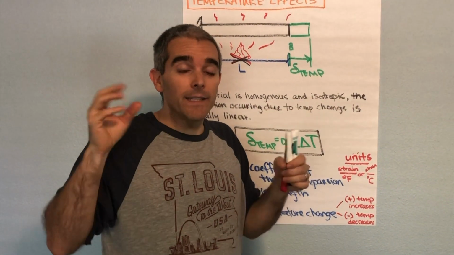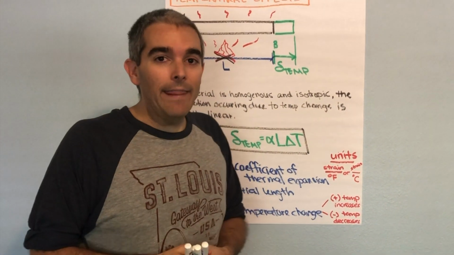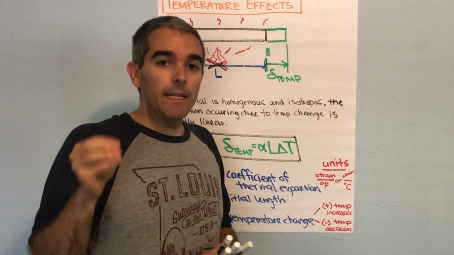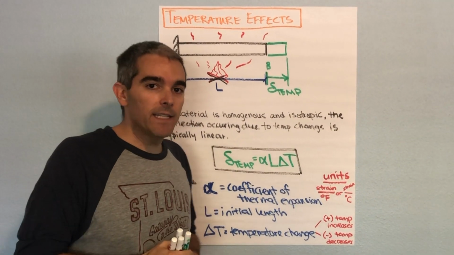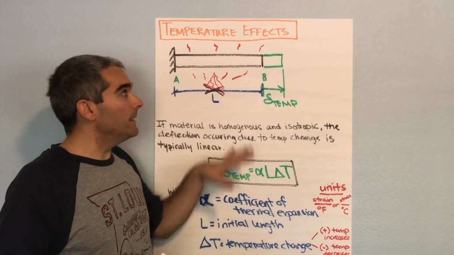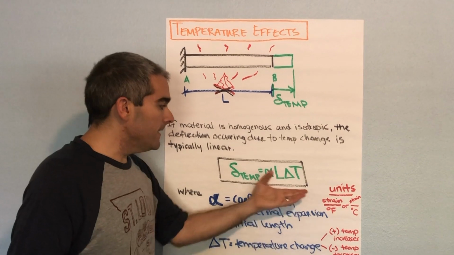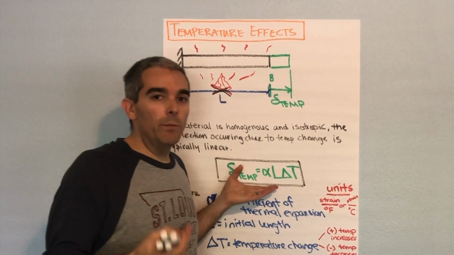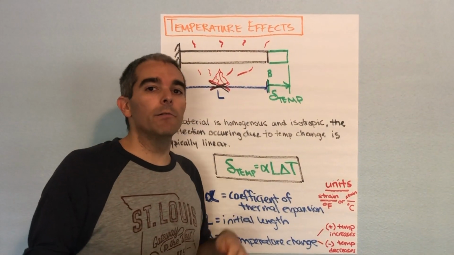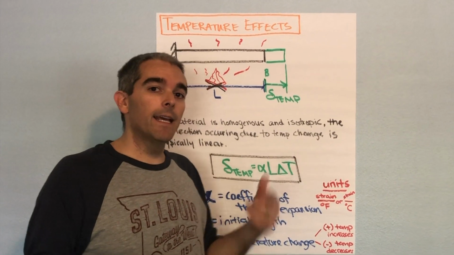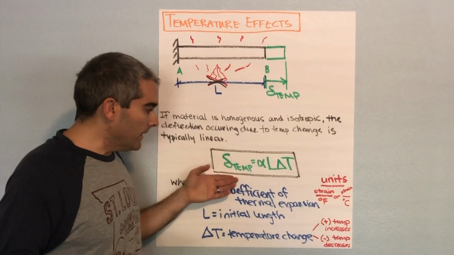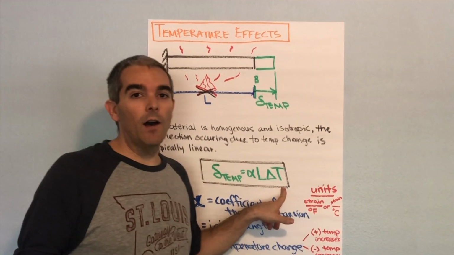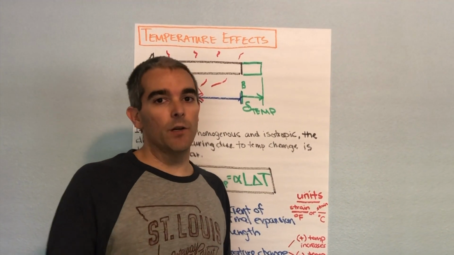That was Hooke's law, and that was what we said was a material law for our particular engineering application. So whenever we deal with temperature effects, this will be our new material law. We're still going to go through equilibrium and kinematics, but then when we get to material law, when we deal with the temperature, we'll use this material law. When we deal with forces, we'll use Hooke's law.